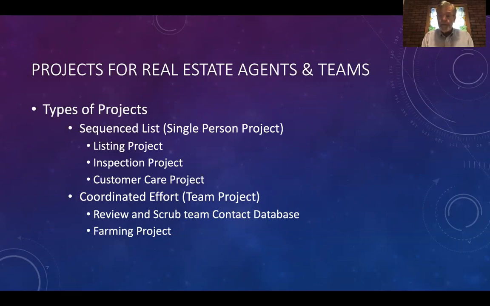Another example is a farming project, whether we're sheltering in place or we're outside the sheltering in place. Projects around farming: what are you going to do? What's the sequence? Who's going to do it? How do we make sure that people get a consistently great experience? These are all things that these types of projects drive.